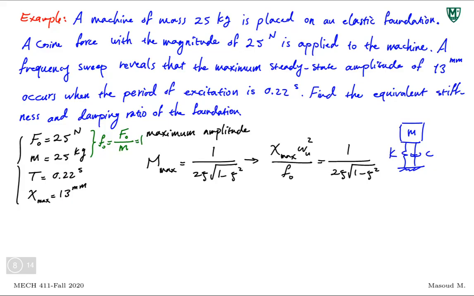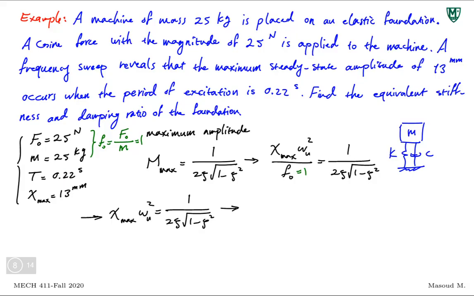What is natural frequency? Well, I can find natural frequency, or I can find the frequency too. Let's just go step by step. So I have F naught as 1, and I'm just going to replace that here. I have X max as 13 millimeters. So this becomes X max omega n squared is equal to 1 over 2 zeta square root of 1 minus zeta squared.